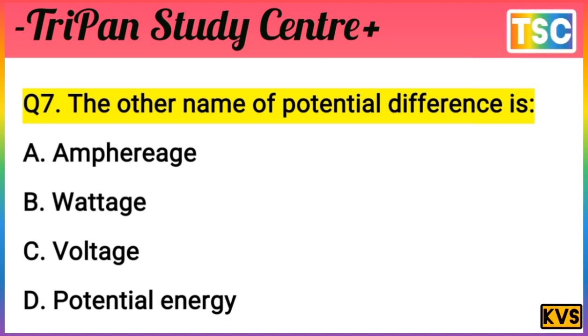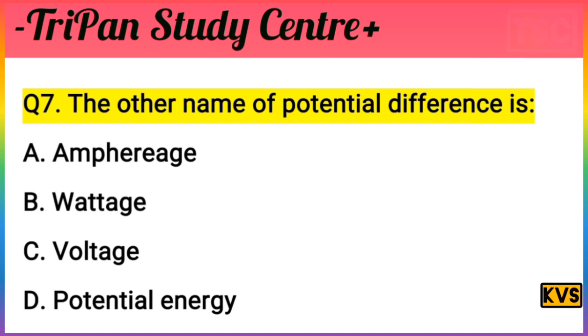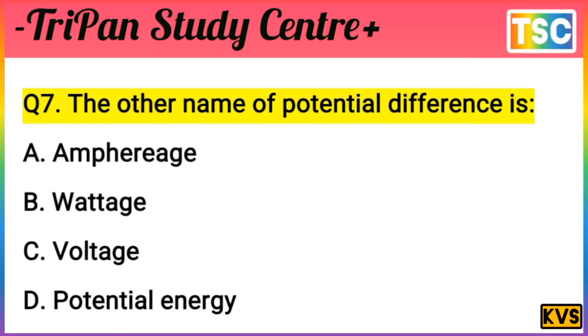But first of all, check your knowledge. I give you a few seconds. Write the correct answer in your notebook. You must have a thought of your answer. Let's see the answer to this question.